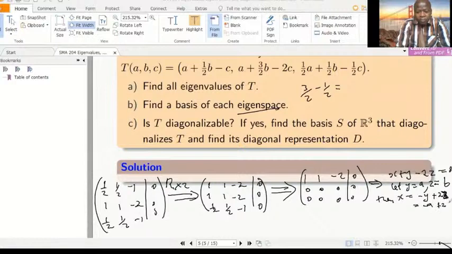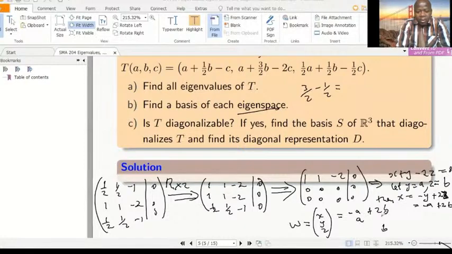Z is b. And so what is W, the eigenvector we are looking for? It was x, y, z. But x is negative a plus 2b, and y is a, and z is b.